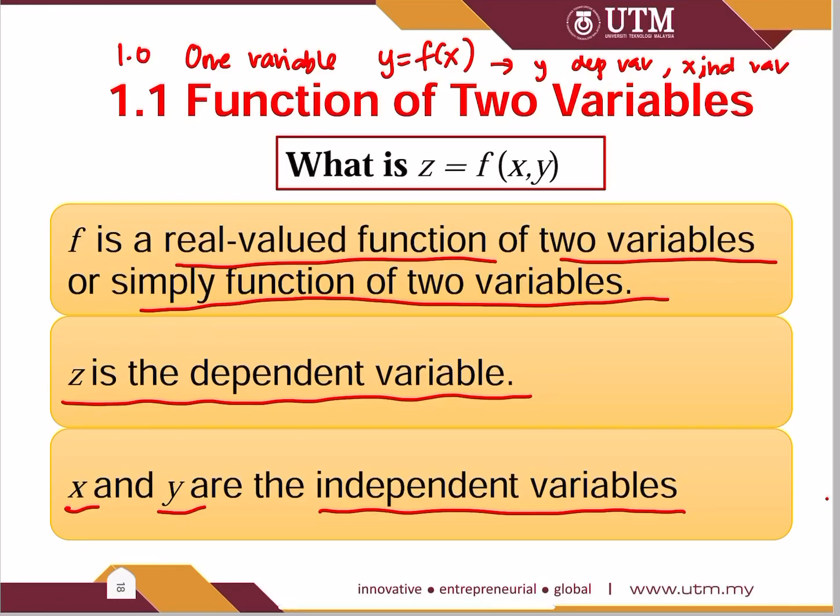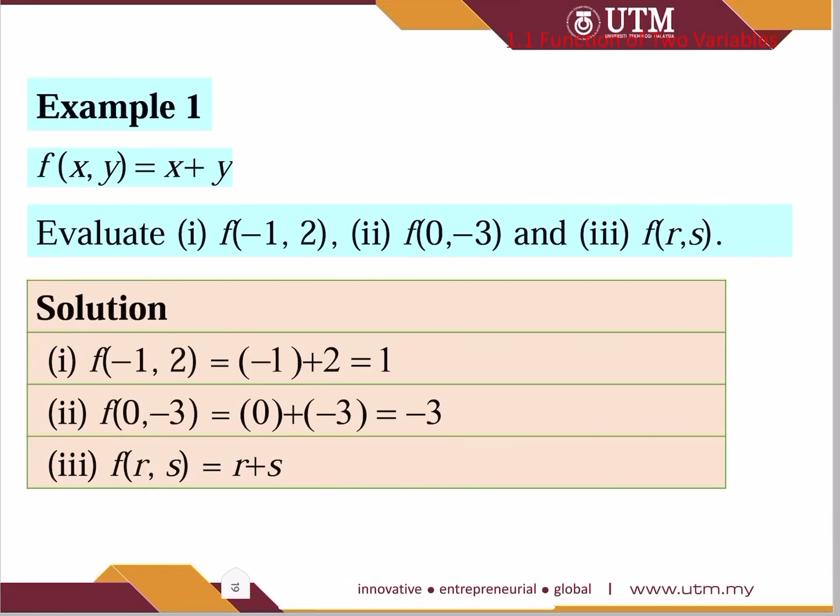Okay, so next example. This is a simple example for two variables. Let's say we have f(x, y) equal to x plus y, or sometimes we can write it as z equal to x plus y, meaning that the function z is in terms of x and y.